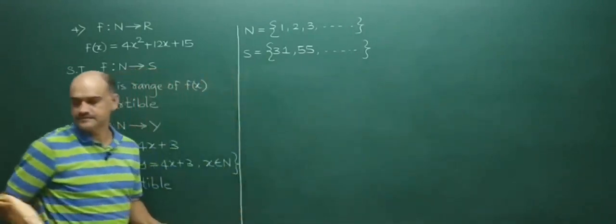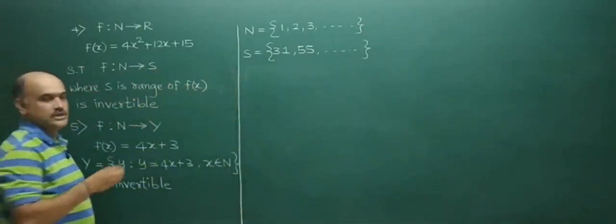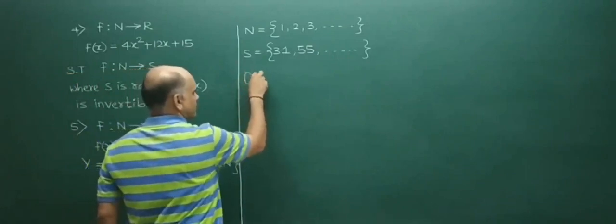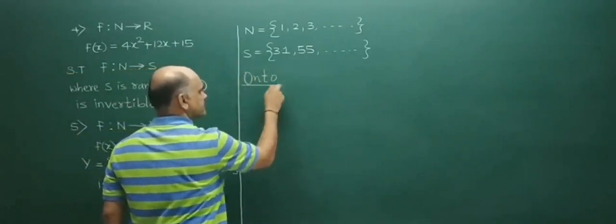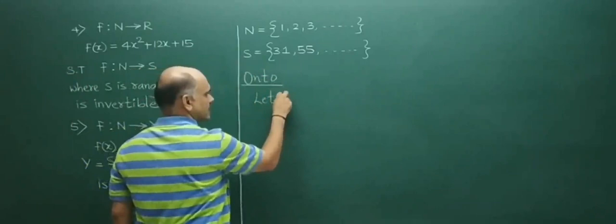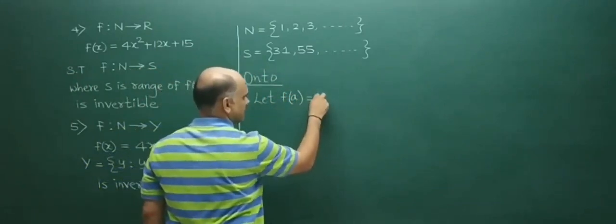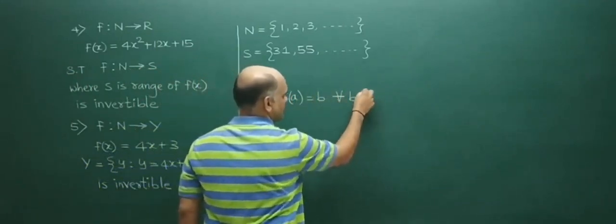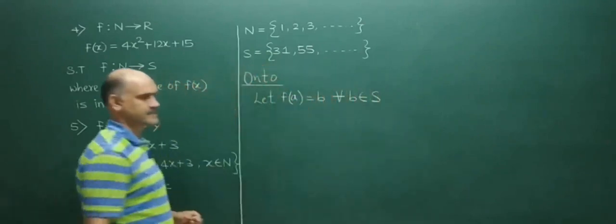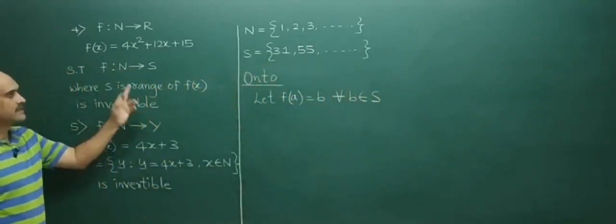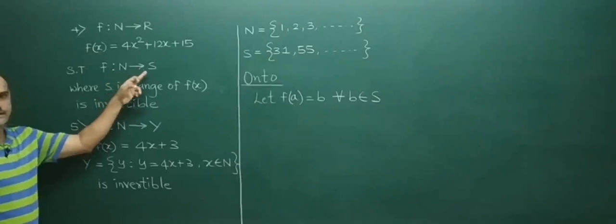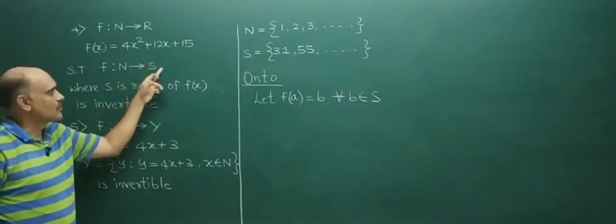Now for onto, how will we solve it? Let f of a is equal to b for all values of b belonging to S. That is the second set, f from N to S. So b belongs to this set.